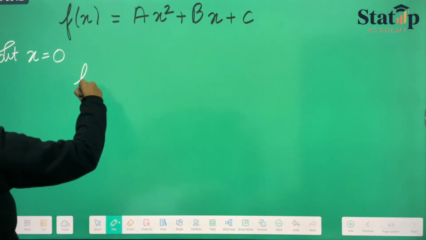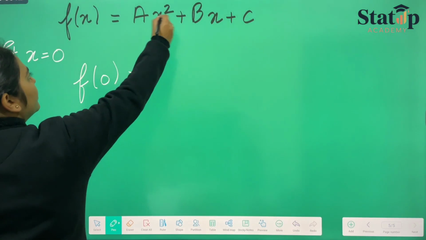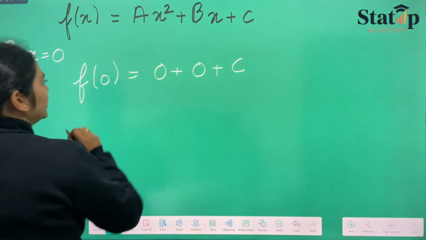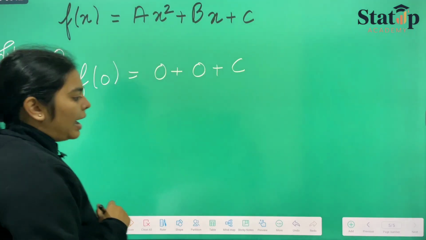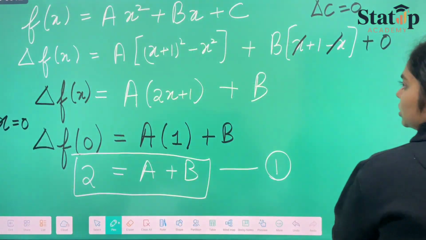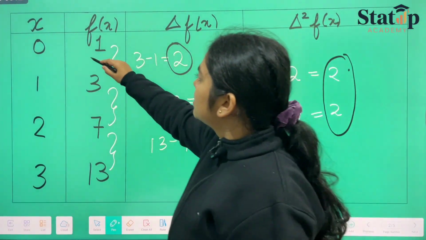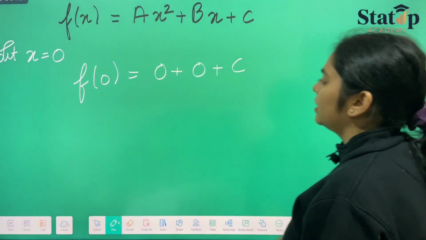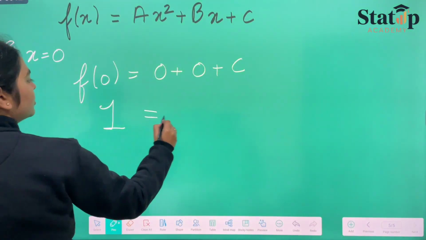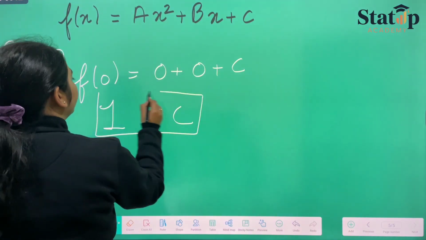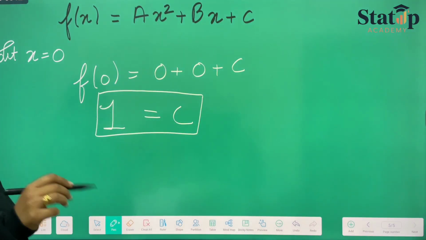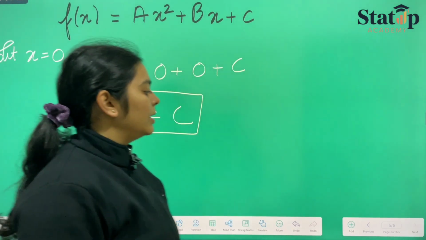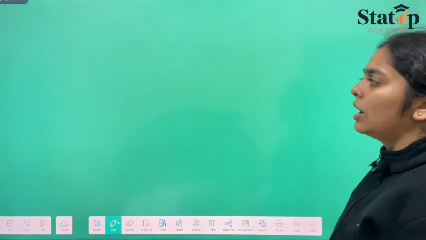So f0 will be equal to a into 0, which is 0, plus b into 0, which is 0, plus c. f0 has the value at x equals to 0, the value of f(x) is 1. So here we can write 1 equals to c. We have got the third constant, which is c. Now we have got all constants a, b and c. a, b and c all are by chance coming as 1.